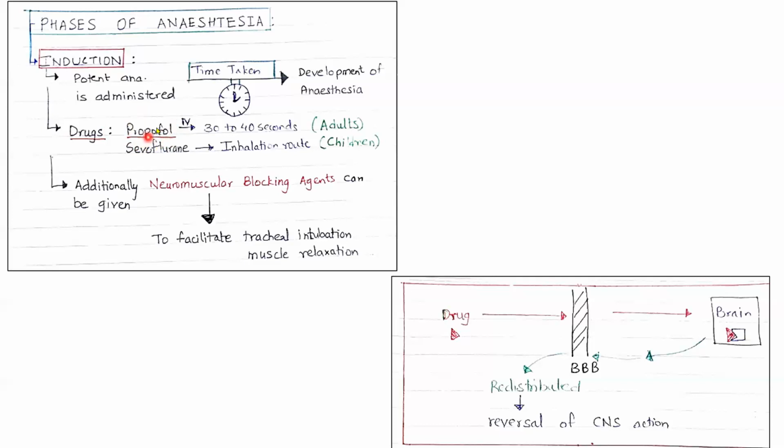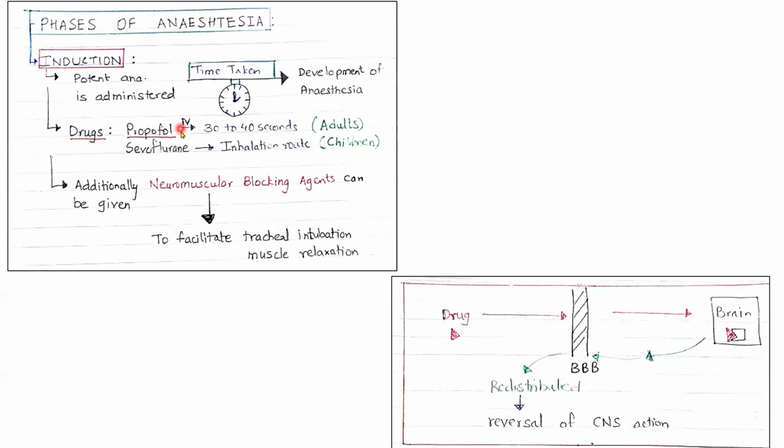You give propofol at 12:10. Maybe within a minute, the person starts going into stage 1 anesthesia. So that 1 minute is nothing but the induction phase. So the time taken after administration of a potent anesthetic till development of anesthesia is nothing but induction.